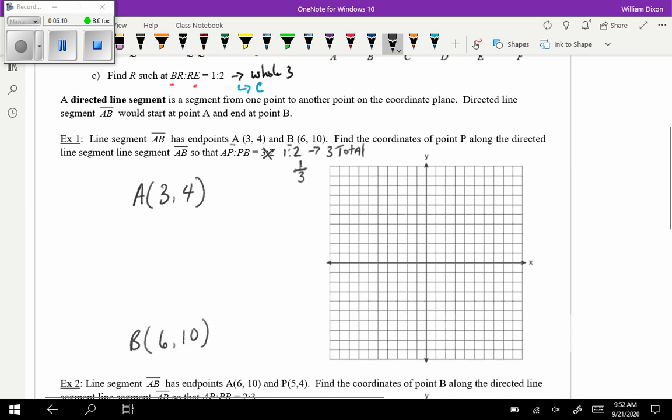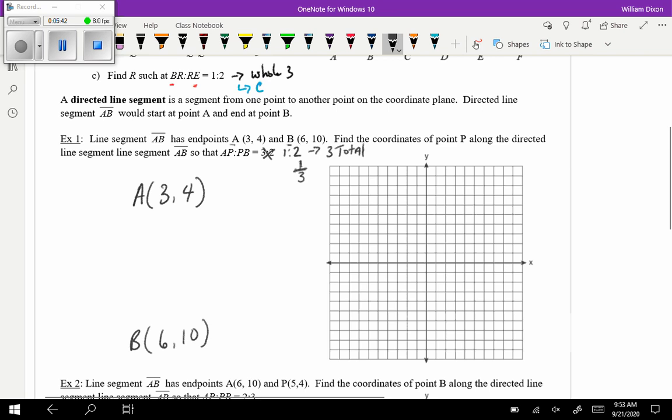It's important we write it this way because that's our starting and that's our ending. And we want to know, again, where is 1/3 of that line segment? Because 1 to 2 parts is the same as 1/3 parts. Very important here is that you write the first up top, the ending down below, because that's where you're starting and that's where you're ending.